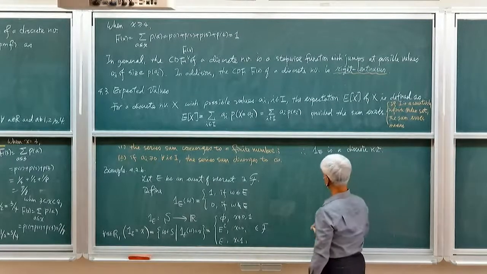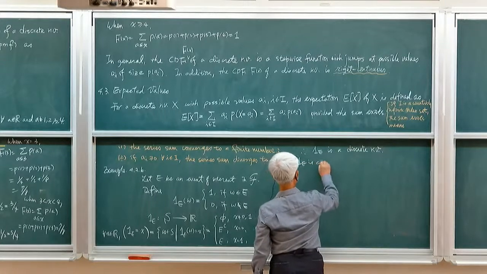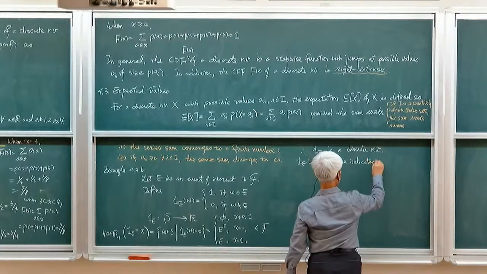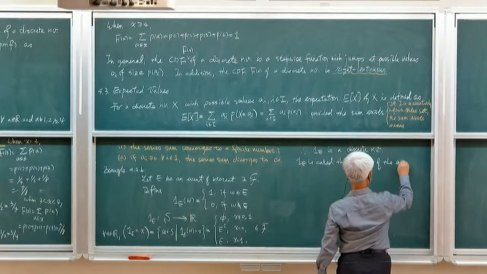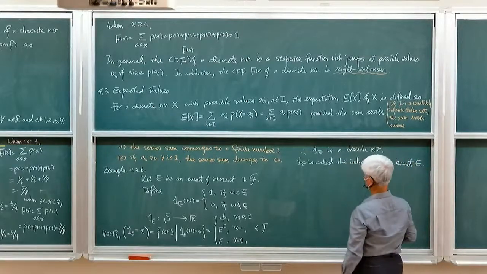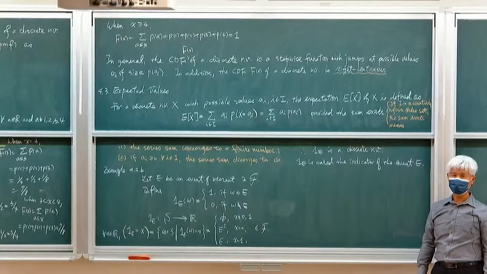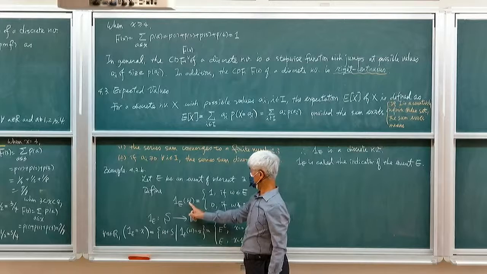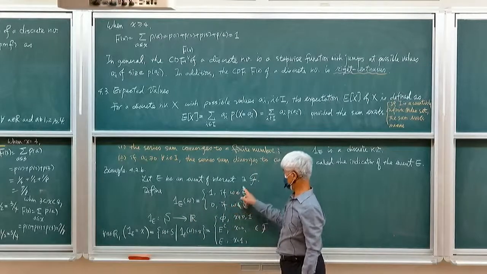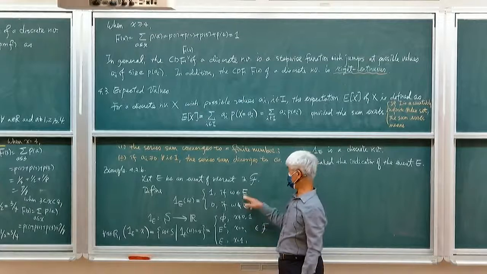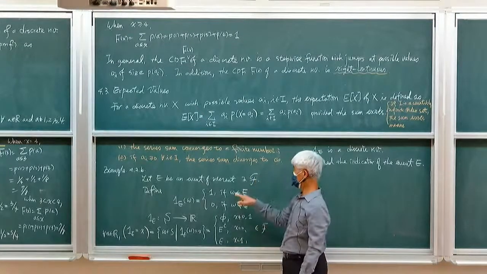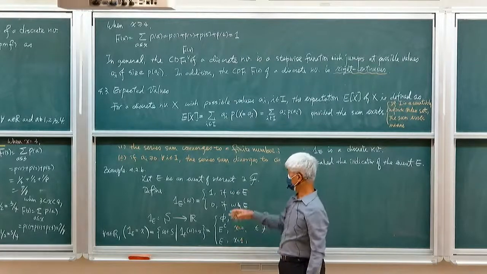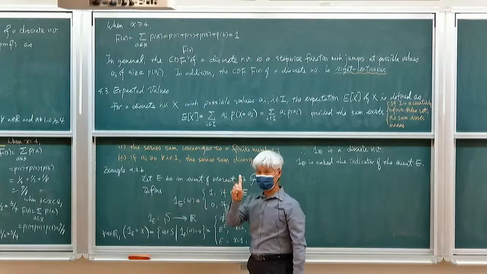And I_E is called the indicator of the event E. If we observe outcome omega in the event E, we say that the event E occurs, and then this indicator gives us 1.